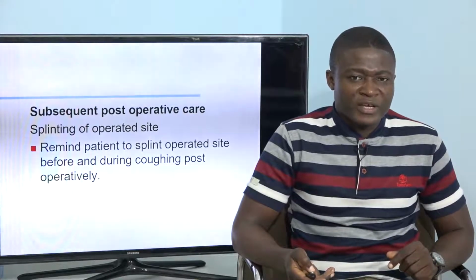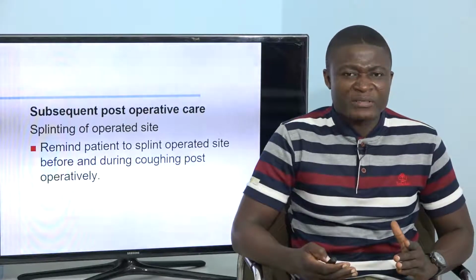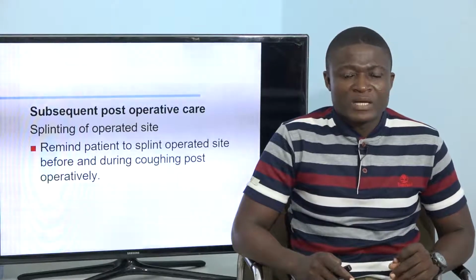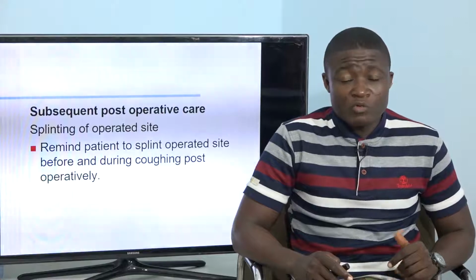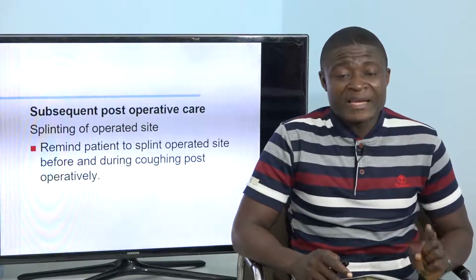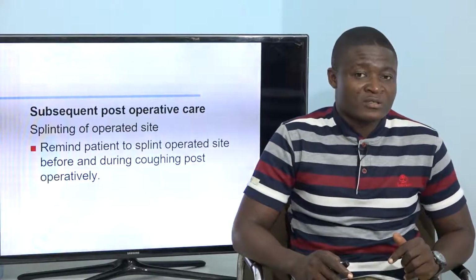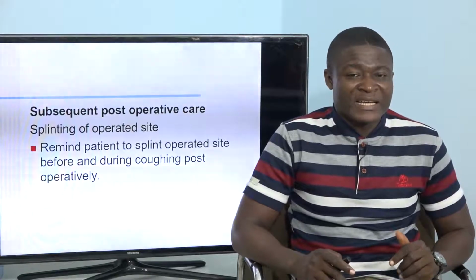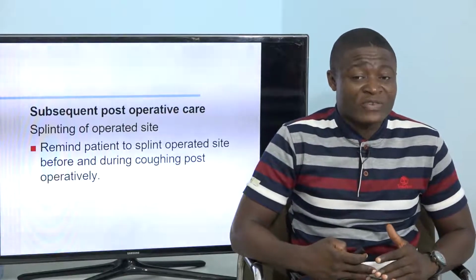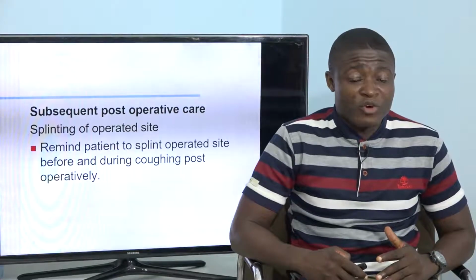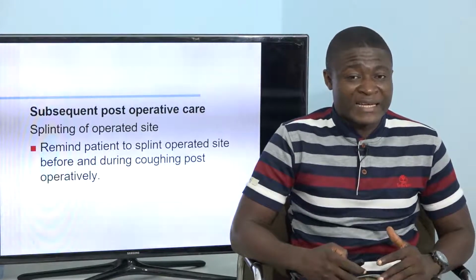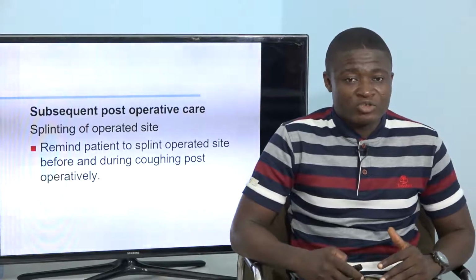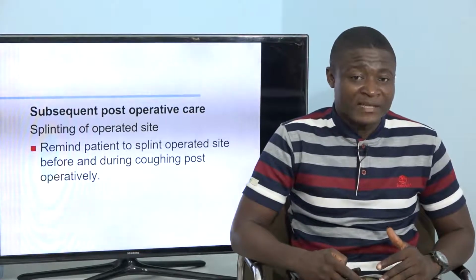Subsequent postoperative care. Splinting of operated site. You know, we talked about coughing exercise, which we treated in the preoperative management, which we said you have to teach the client how to splint the site of the incision before he or she coughs. The coughing is supposed to aerate and clear the lungs to improve oxygenation and healing.